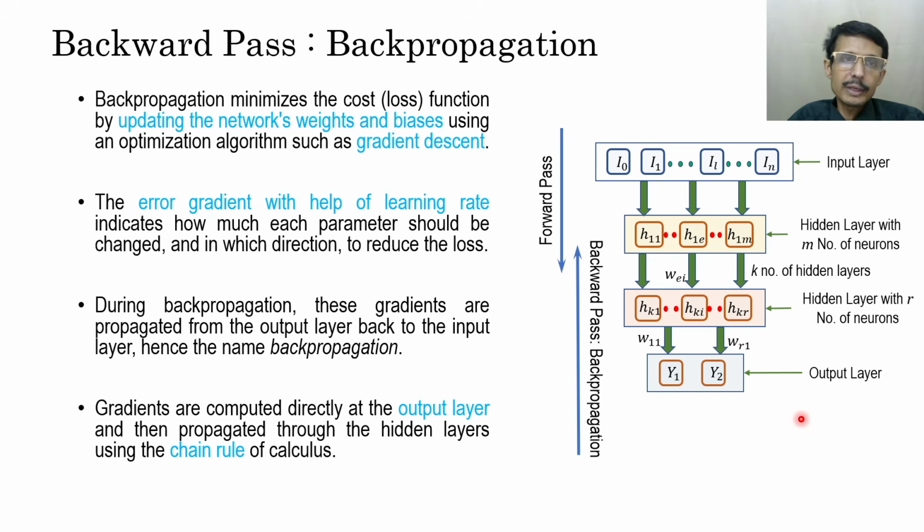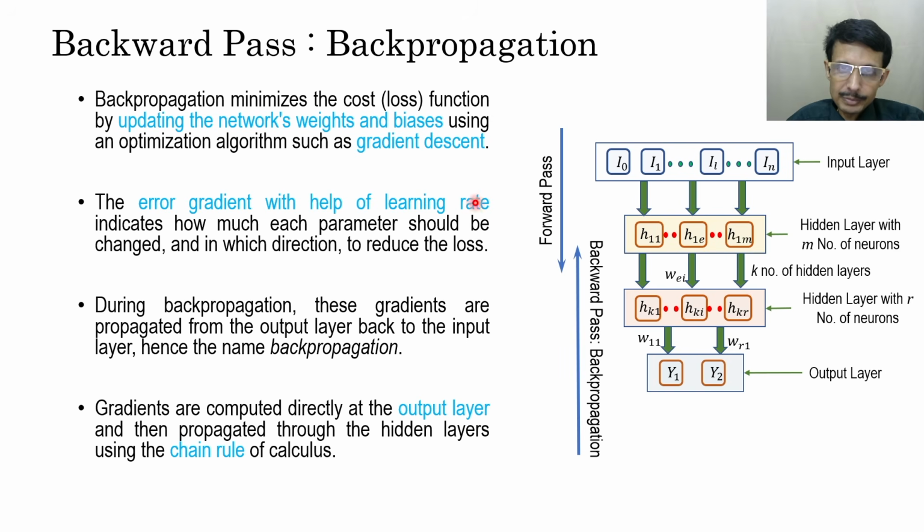Now we are going to understand the backward pass. In the forward pass, we have seen how the inputs are propagated in the forward direction from input to output through hidden layers to get some output.